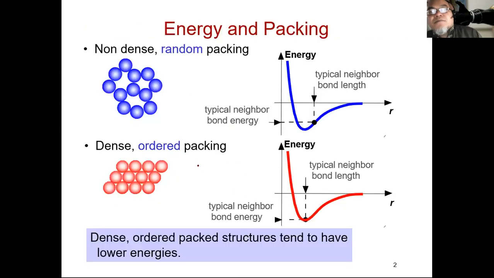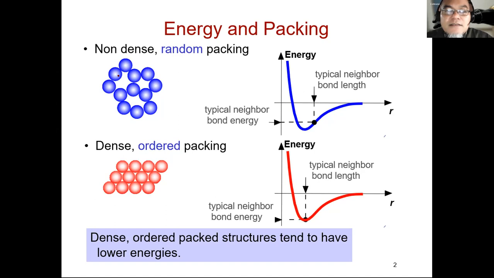Okay, so we have discussed the bonding energy, which is basically a function of the distance between the atoms. When they are exactly at the bottom of this energy valley, it means they are in the most stable condition. Usually this occurs when the atoms are structured in a dense ordered packing like this.